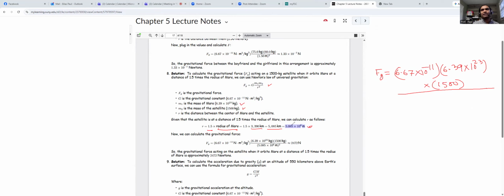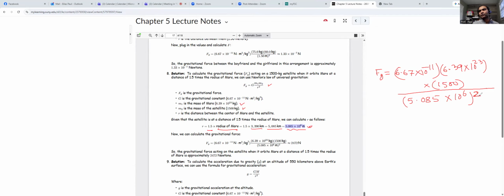So we multiply this number by 10 to the power 3. So I plug it here: 5.085 times 10 to the power 6, and then square.